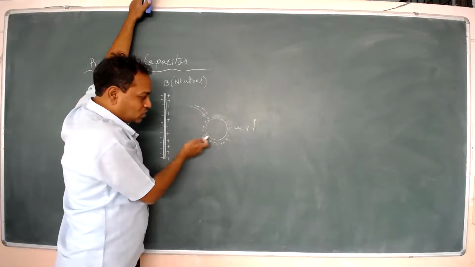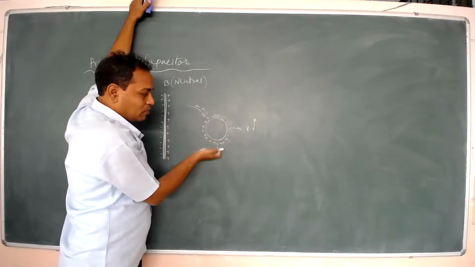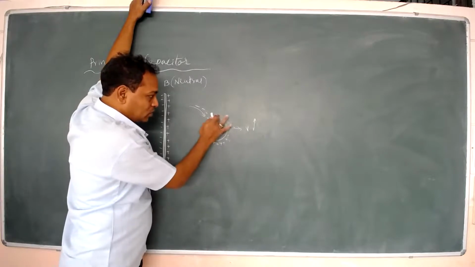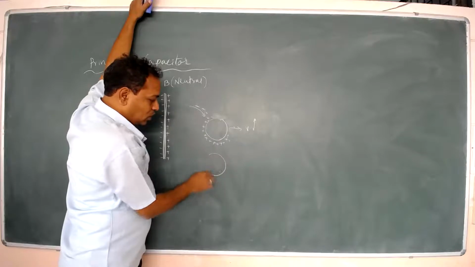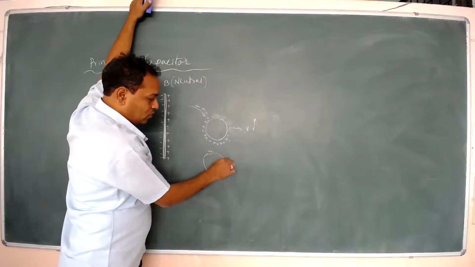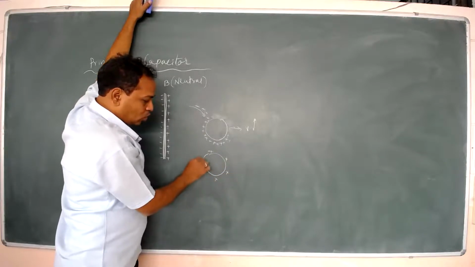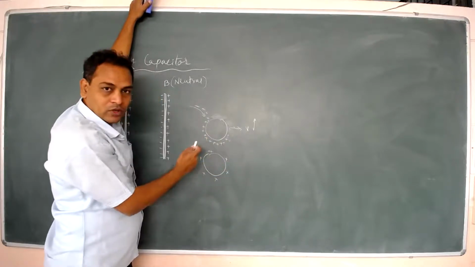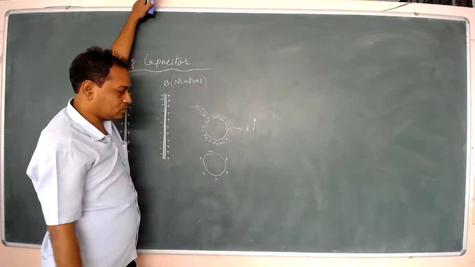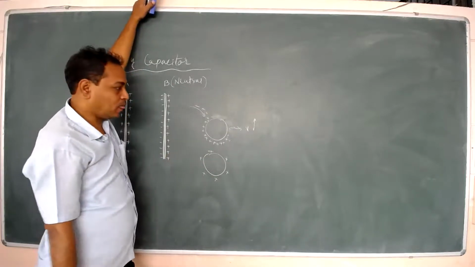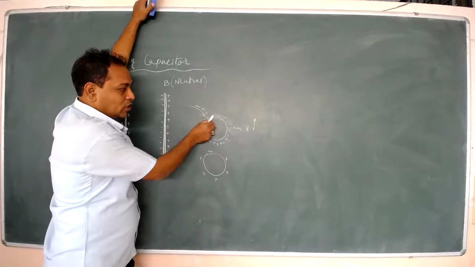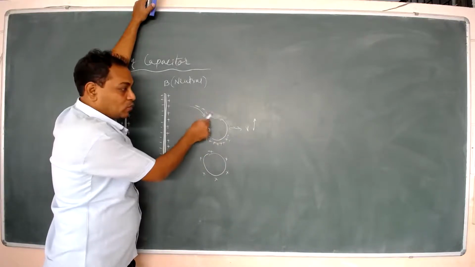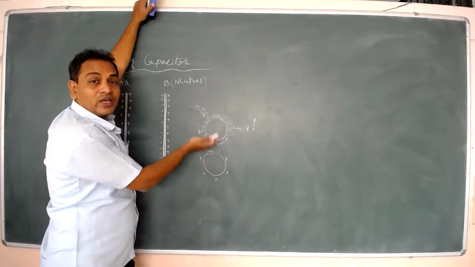Whatever charge remains will be equally distributed, far away from each other like this, with only less positive charge left. So it is quite clear that if you give a negative charge, the conductor's potential will decrease. If you give a positive charge, its potential will increase.